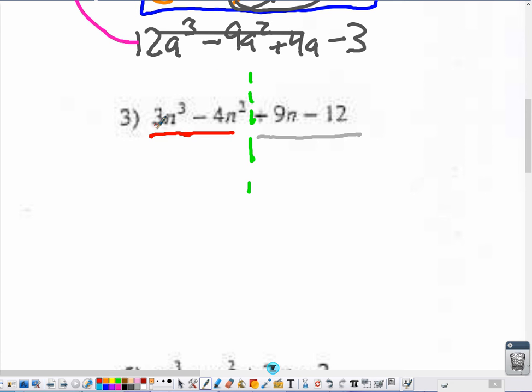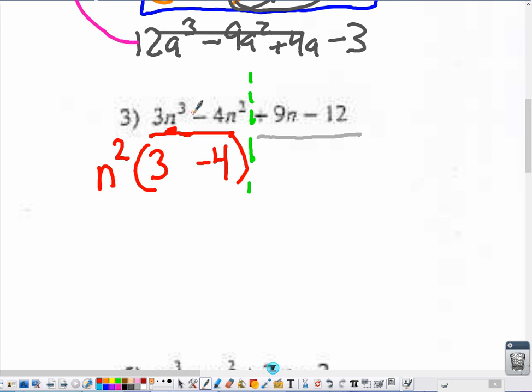So I start by looking at the numbers, 3 and 4. I can't think of anything they can divide by, so it looks like I'm going to be stuck with a 3 and a minus 4. Then I look at the variables. I have 3 n's on the first term, 2 n's on the second, so that means I can pull 2 n's from both of these terms.